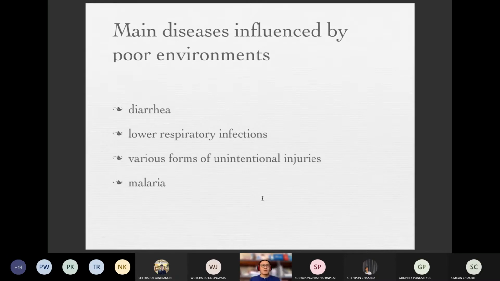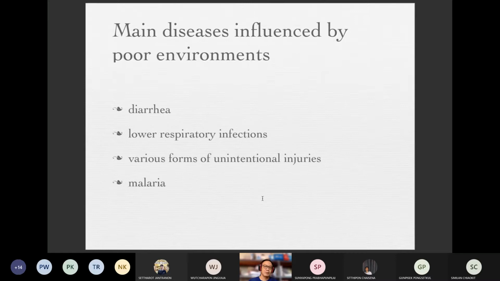This is influenced by the poor environment. If people drink water contaminated with pathogens, they may get diarrhea. Some others, like lower respiratory infections, may be caused by poor air quality in the atmosphere.